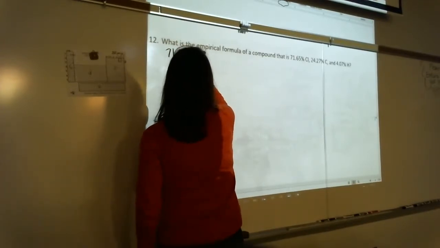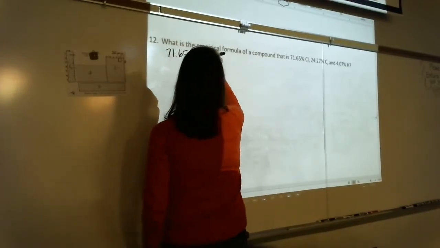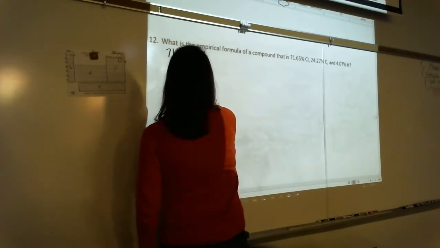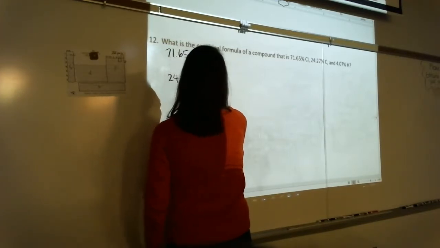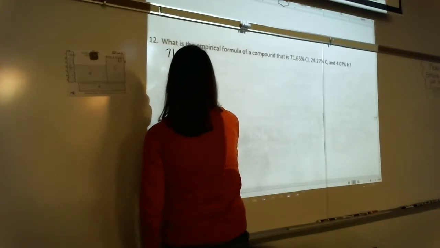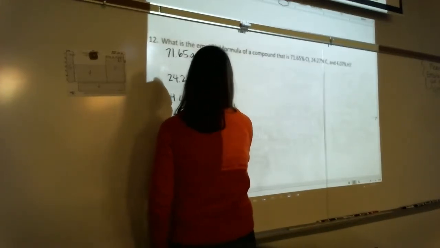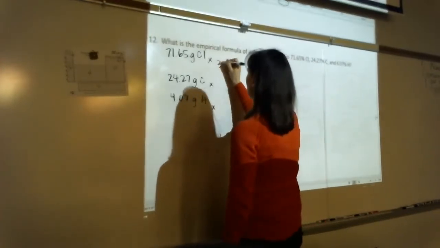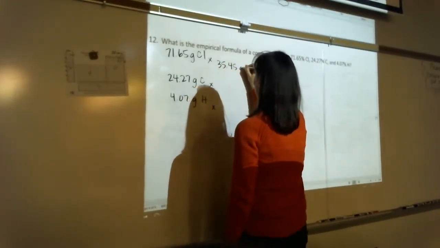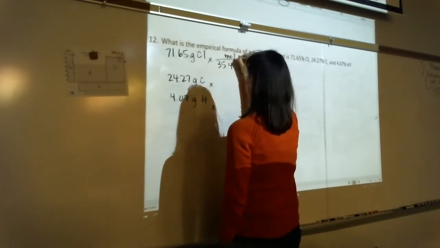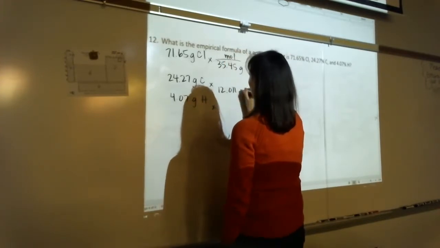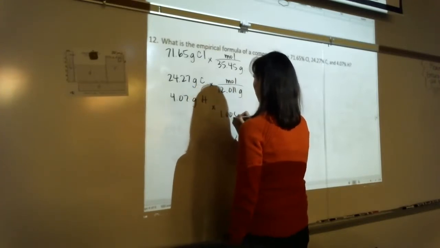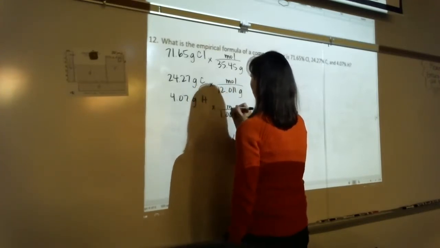So 71.65 grams chlorine, 24.27 grams carbon, and 4.07 grams hydrogen. And then we're going to convert them all to what? Moles. So 35.45 grams per mole, 12.011 grams per mole, and 1.008 grams per mole.